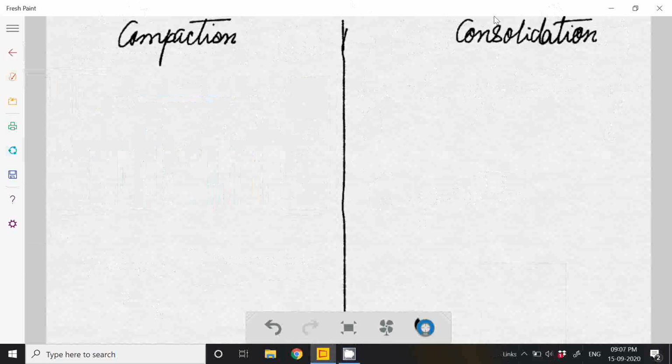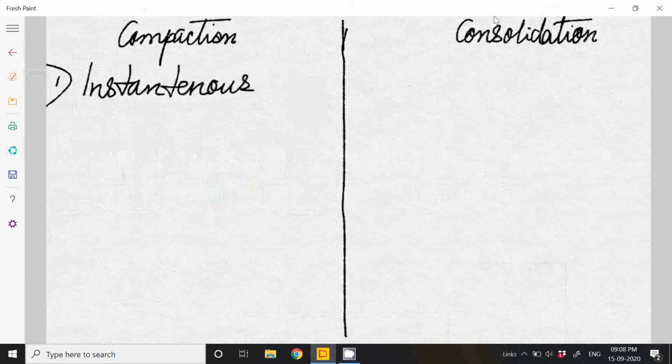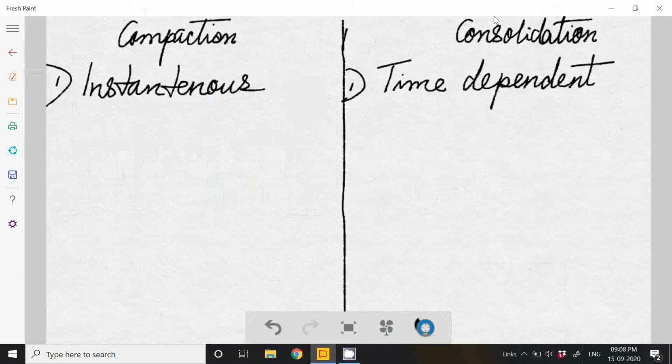For compaction, first, it is instantaneous. And for consolidation, it is time dependent, because consolidation happens over a very long time. It is not instant.